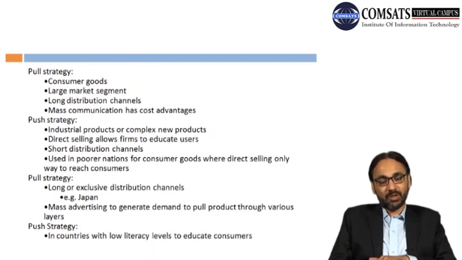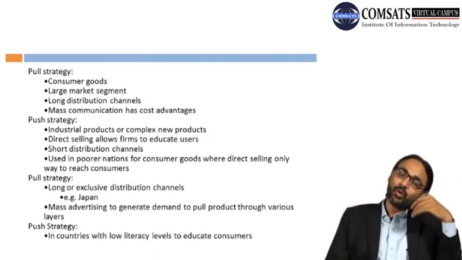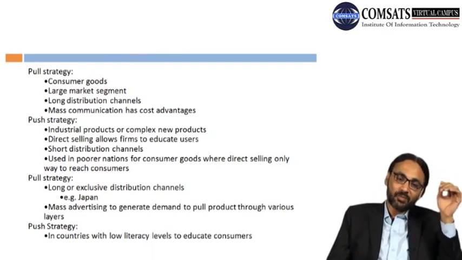On the other hand, pull strategy: longer exclusive distribution channels like Japan, mass advertisement to generate demand to pull the product through various layers, and the push strategy in countries with a low literacy level to educate consumers. These are the different scenarios and traits of the market where a pull strategy is more feasible.